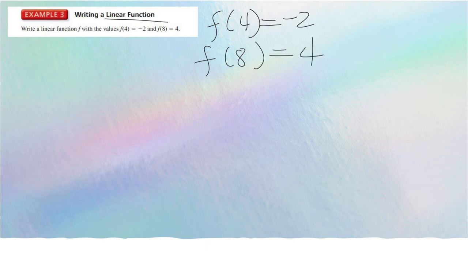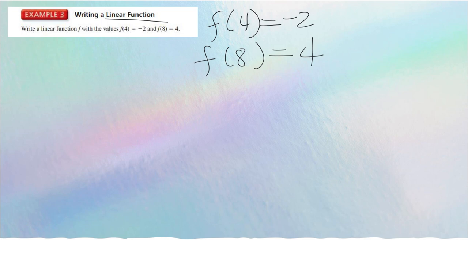So remember our favorite linear functions? Write a linear function with the values of f of 4 equals negative 2, and f of 8 equals 4. Correct? What do I need to find first? What do you guys think I need to find if I need to write this in function form?